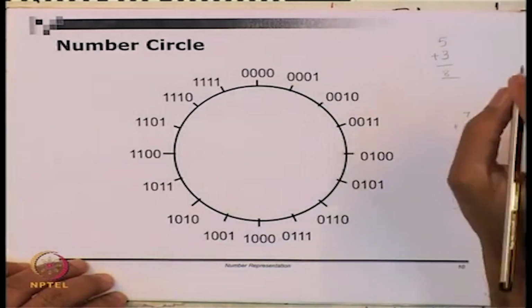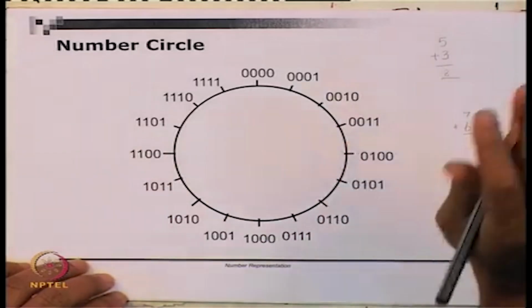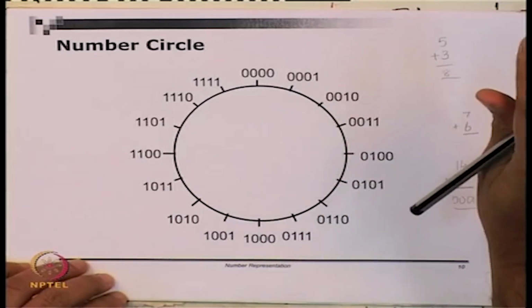So, this is the first wake up call: in any representation, if you restrict the number of bits, you will not be able to represent all the numbers. This means addition and subtraction may result in something which is not correct, because you are adding numbers that exceed the range in which things can be represented.